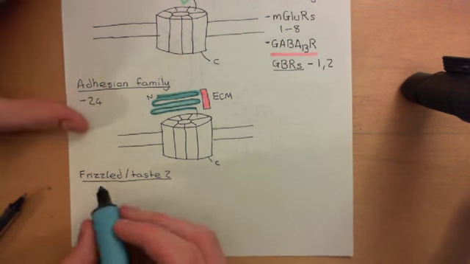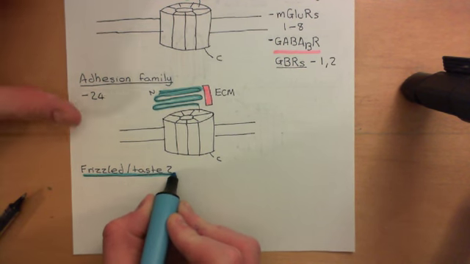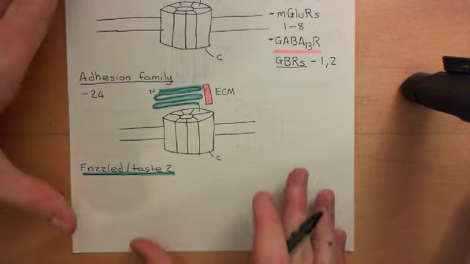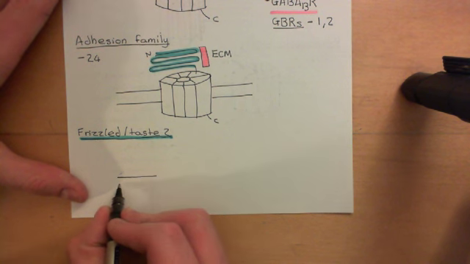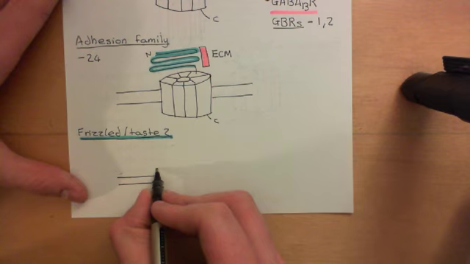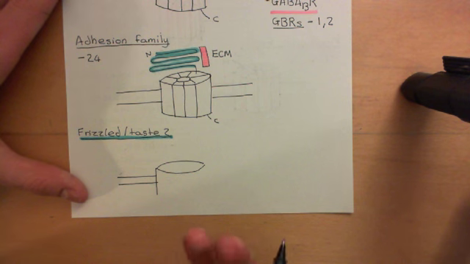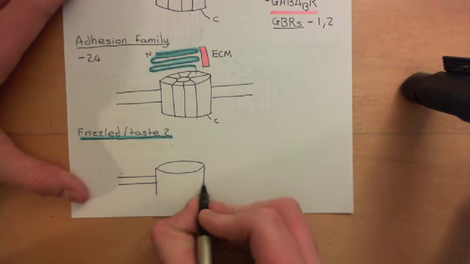Okay, right, so Frizzled and TAS2. This family is named after its 2 major members, which are the Frizzled receptors, of which you have many, and also the TAS2 receptors, which again you have many of. Now, the features that they all share is, again, they have to bind their ligands to an extracellular amino terminal domain, and then that domain has to somehow translate the change in conformation down into the transmembrane domain.